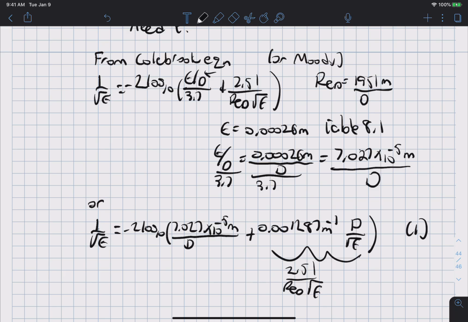We don't know f and we don't know D. Also notice that if D has units of meters, this meter here would cancel out with this meter to the minus 1 here, which would be unitless as it should be, and this meter here would cancel out with this meter here, so the equation works out if D is in units of meters.